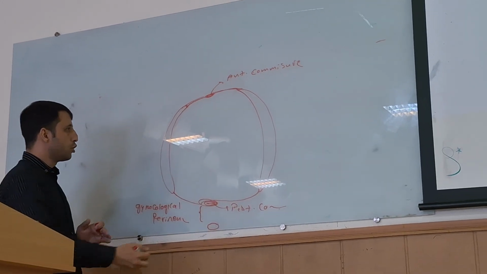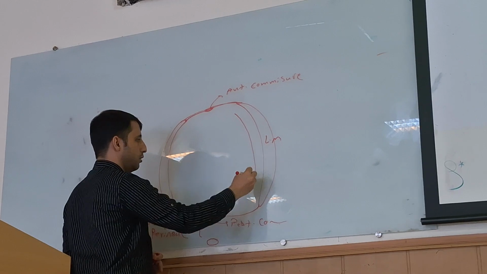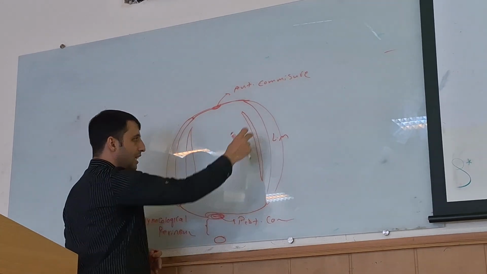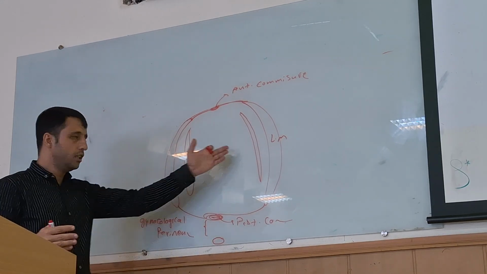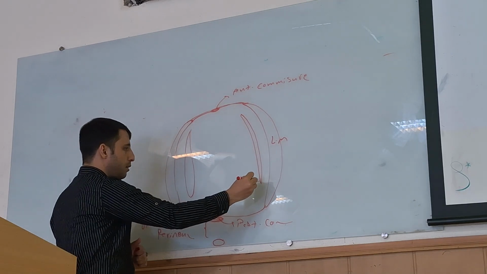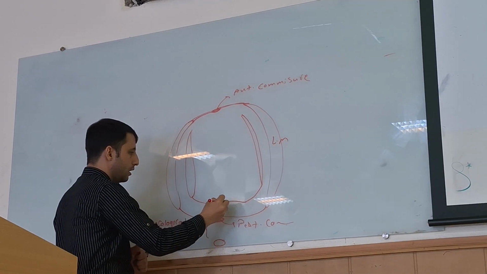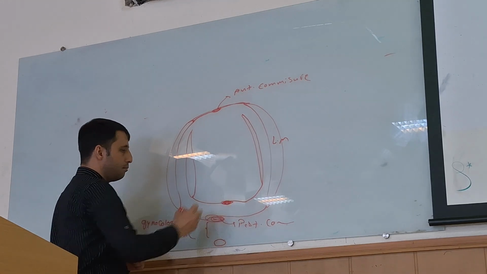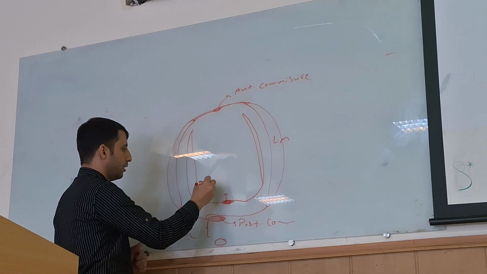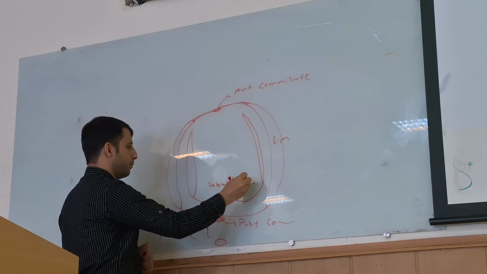Medial to the labia majora, you can see the labia minora. Labia minora medially are covered by mucosa, and also the labia minora at the posterior part are attached together and make the labial frenulum.